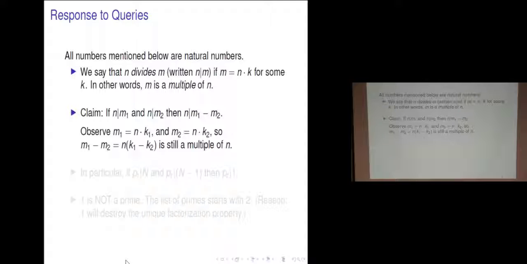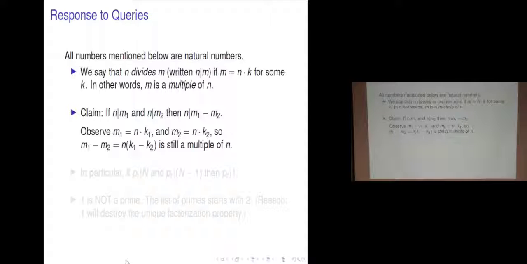Therefore, if you take the difference, it is still a multiple: m1 minus m2 is equal to n times (k1 minus k2). The right-hand side is a multiple of n, so n divides the difference m1 minus m2. Fairly simple, right?